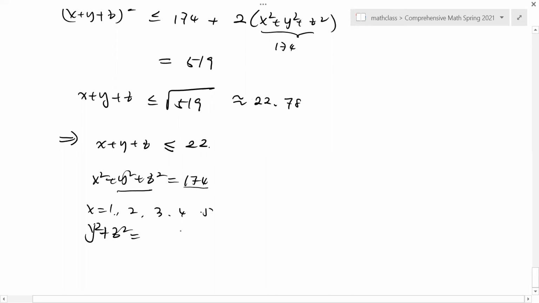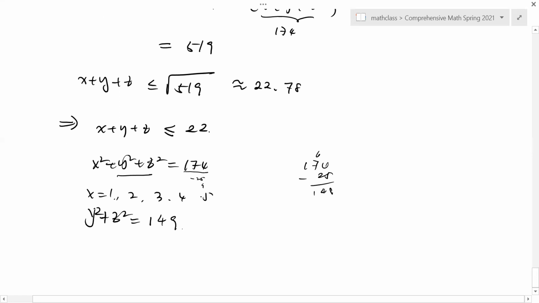174 minus 5 squared. Okay, 5 squared is 25, right? 174 minus 25 is 149.